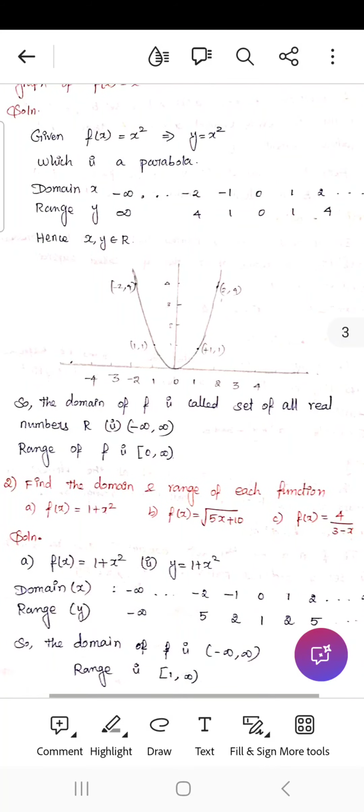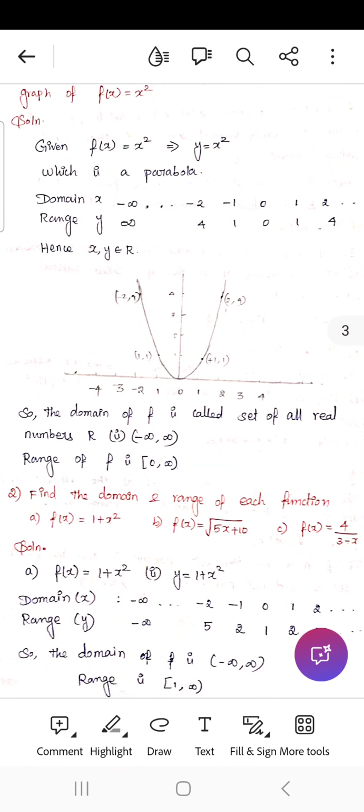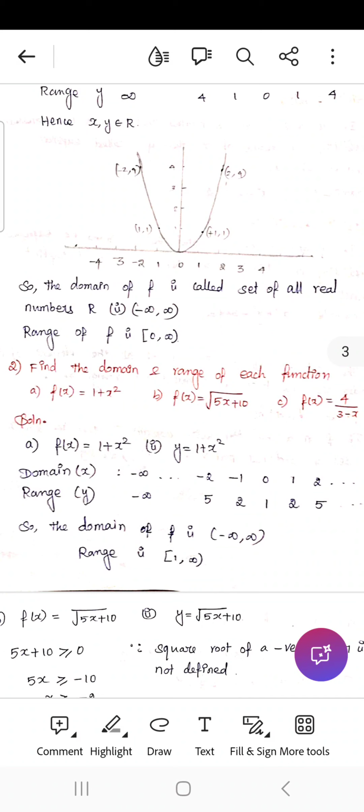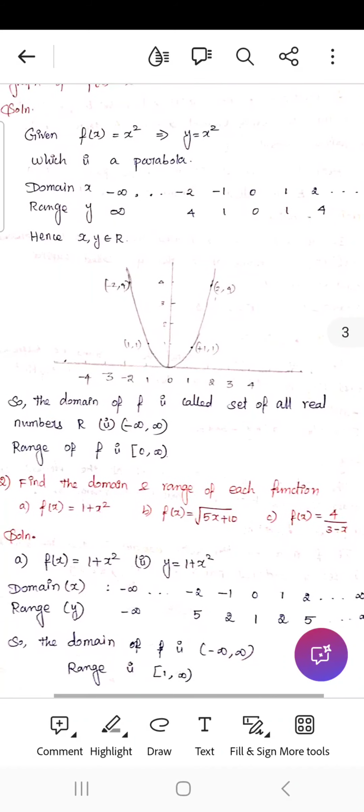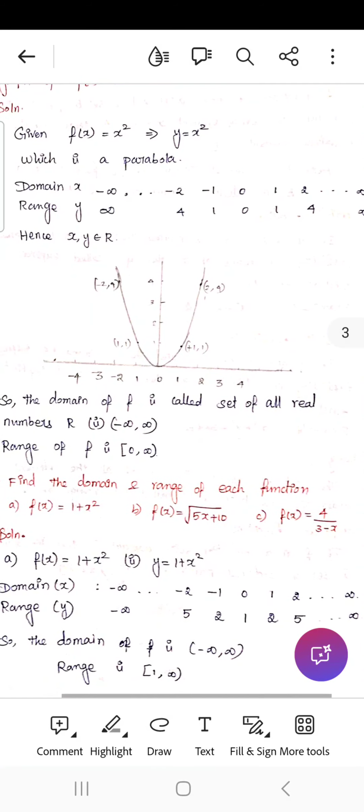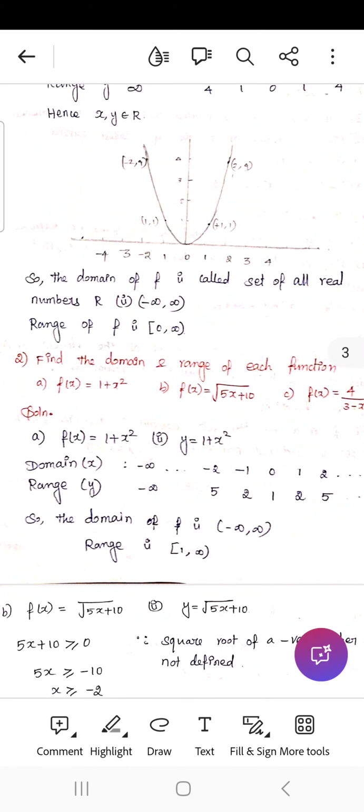Therefore draw the diagram: draw the x-axis and y-axis, and mark the x values and y values in this graph. So the domain of f is the set of all real numbers from minus infinity to infinity. Range of y is minimum value 0, maximum value infinity, that is the half open interval 0, infinity.